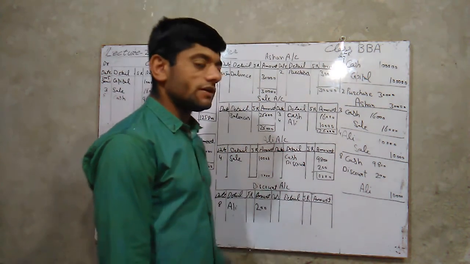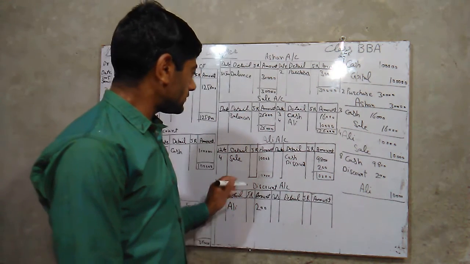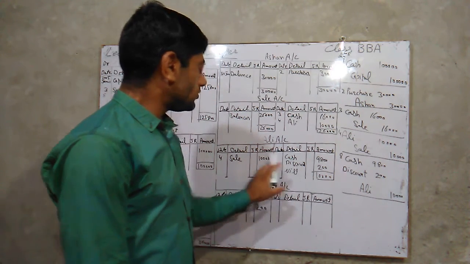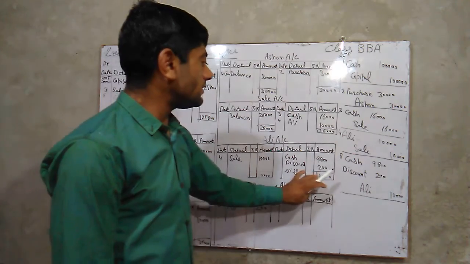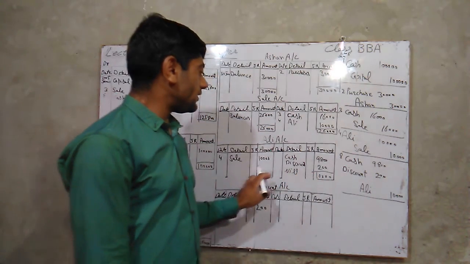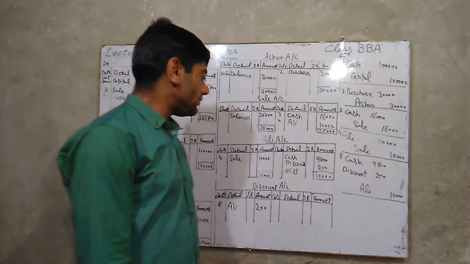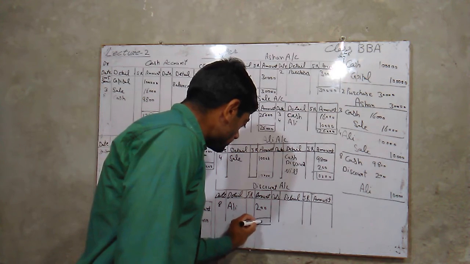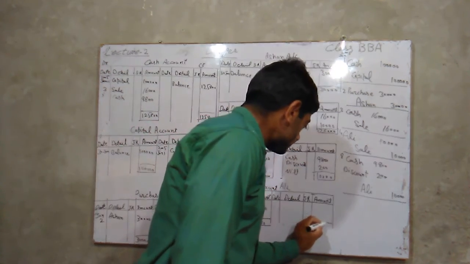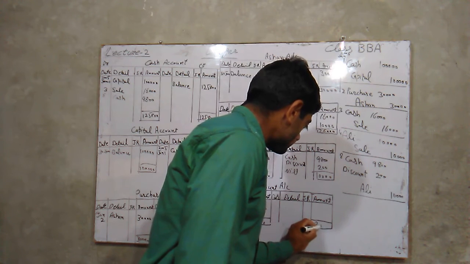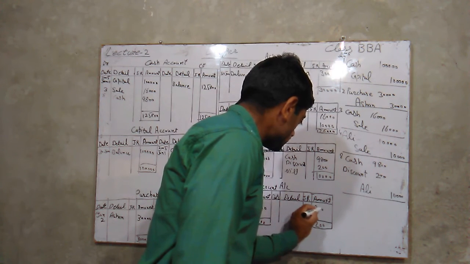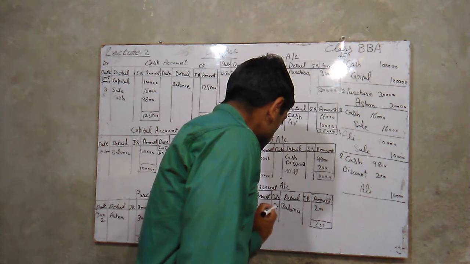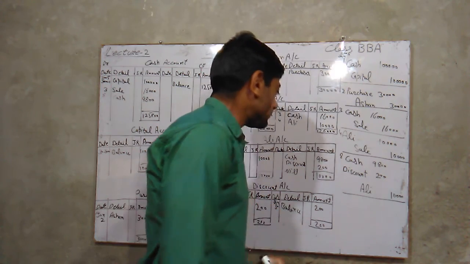The balance is nil because both sides are equal: the debit side is 10,000 and the credit side is also 10,000. So 10 minus 10 is nil. Balance is nil. Discount: 200, balance.